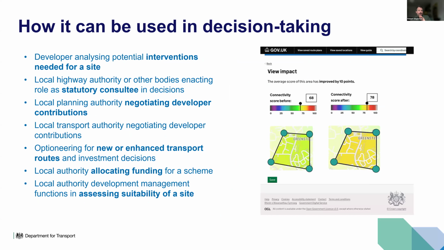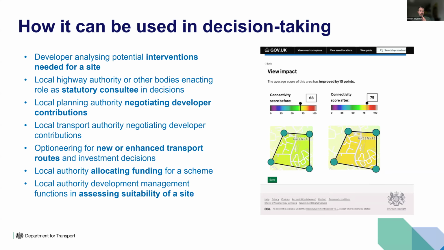But it can also be used in decision taking. So as a plan making and decision taking function, it can help a developer analysing potential interventions needed for a site. So with that propositional function, what happens if I put a new bus route here? It can help a local highway authority or other bodies acting as statutory consultee to inform their consultation responses.